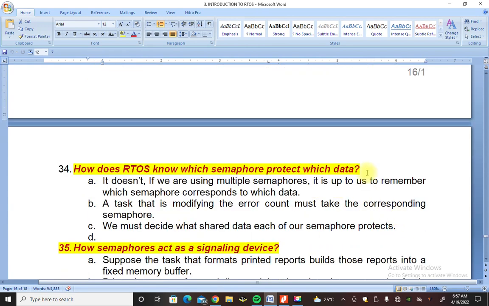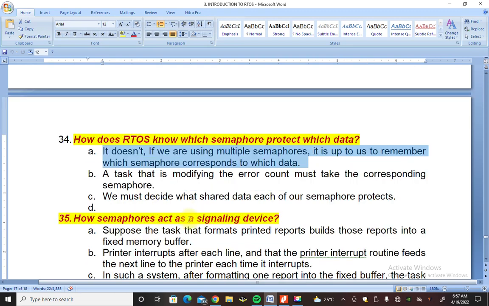How does the RTOS know which semaphore protects which data? It doesn't. If we are using multiple semaphores, it is up to us to remember which semaphore corresponds to which data. The task that is modifying the error count must take the corresponding semaphore. We must decide what shared data each of our semaphores protects.